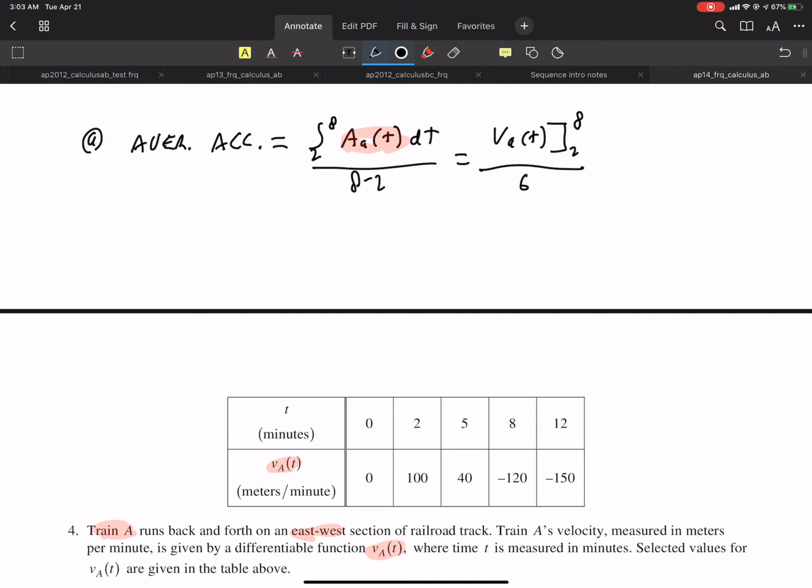And that's over 6. Then that's going to be VA of 8 minus VA of 2 over 6. And I plug in those values from the table. VA of 8 is negative 120. VA of 2 is 100, all over 6. Am I done?